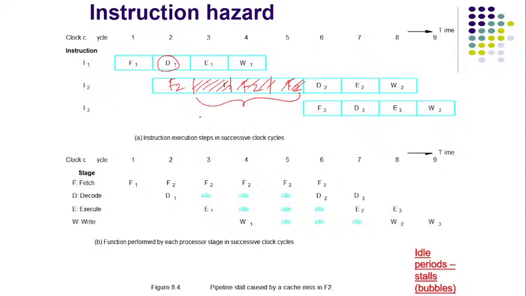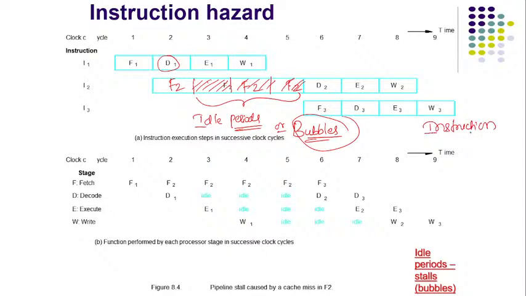We call it the idle period, idle periods or bubbles. It means nothing was happening there, no work. It is fetching, but there is no utilization of that fetch unit. It is called bubbles. So in instruction hazard, you may get MCQ questions in the examination.